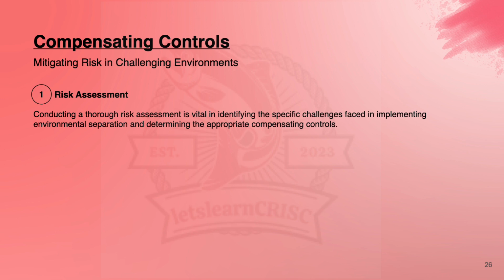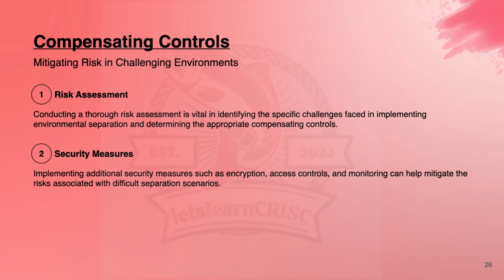It helps in understanding specific risks and determining the compensating controls needed, right? Next is about security measures. Friends, implementing additional security measures such as encryption, access control, and monitoring can help to mitigate the risks associated with challenging separation scenarios, right?